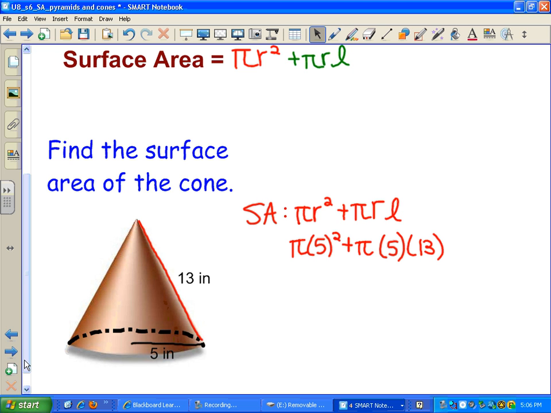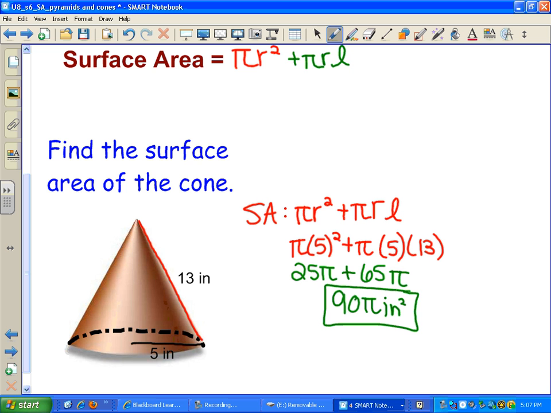So 5 squared is 25 pi plus 5 times 13 is 65. So we have 65 pi. And I'm going to go ahead and take 65 plus 25, and I end up with 90 pi inches squared. So there you go. That's how you find surface area of cones and pyramids.